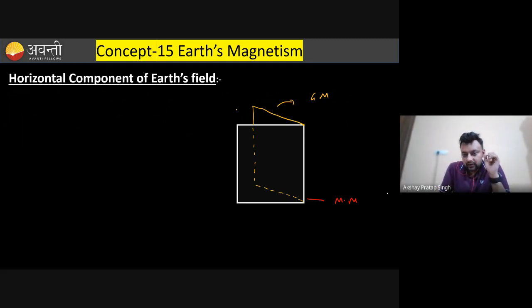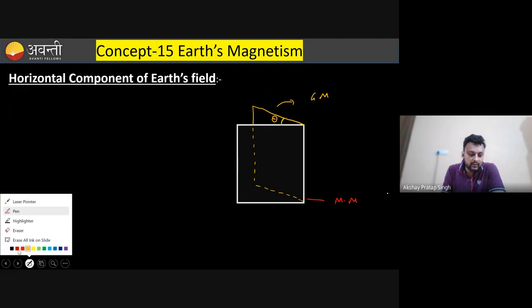The angle between these two planes is denoted by theta, which is known as the angle of declination. Now, when you suspend a magnet freely in a horizontal plane, it will come in the magnetic meridian. When you suspend it freely in the vertical plane, what will happen?